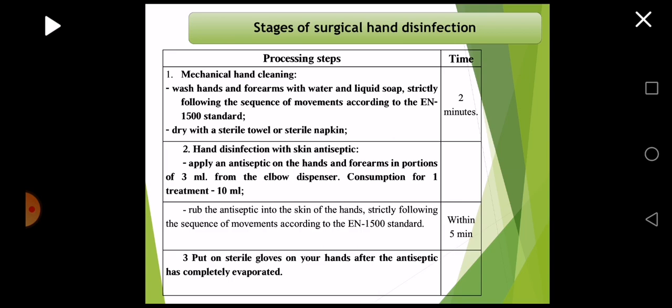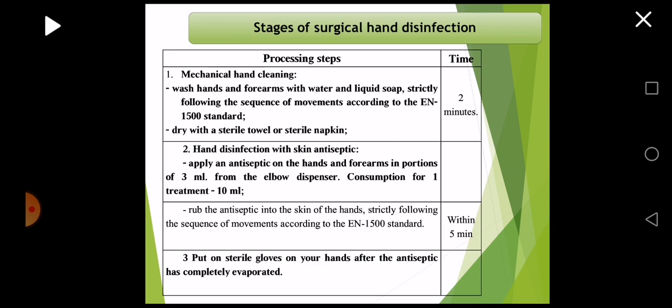Okay, second, hand disinfection with skin antiseptic. Apply an antiseptic on the hands and forearms in portions of 3 milliliters from the elbow dispenser. Consumption for one treatment is 10 milliliters.